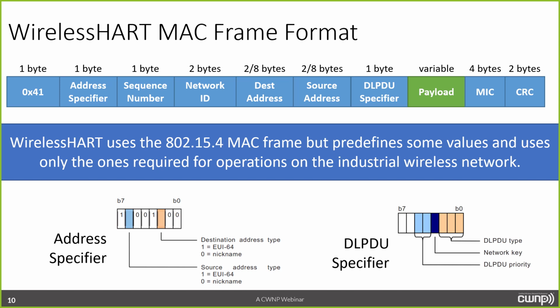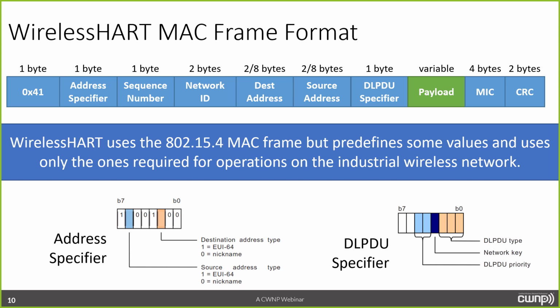So it takes that first byte and it says, all right, this first byte, 8 bits, is always going to be 0x41 in hex. And so this indicates it's an 802.15.4 data frame with security enabled. The second byte, and by the way, this second byte called the address specifier here is the last 8 bits of the 802.15.4 frame type field.